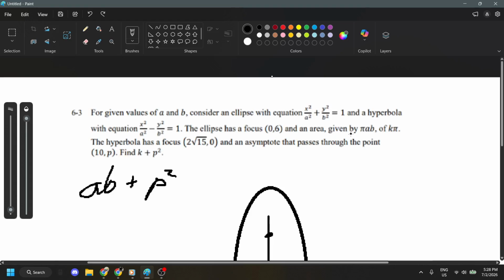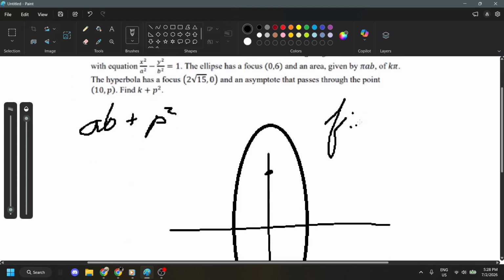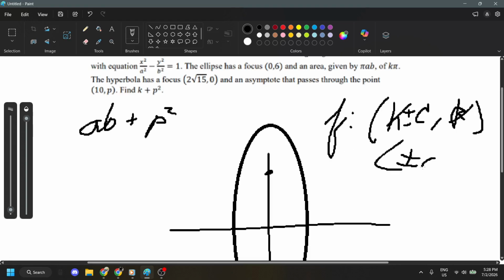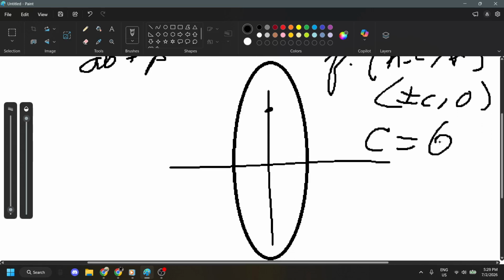The focus is h plus or minus c over, comma, k. k is 0, h is 0, so it's just going to be plus or minus c. c we know is equal to 6.